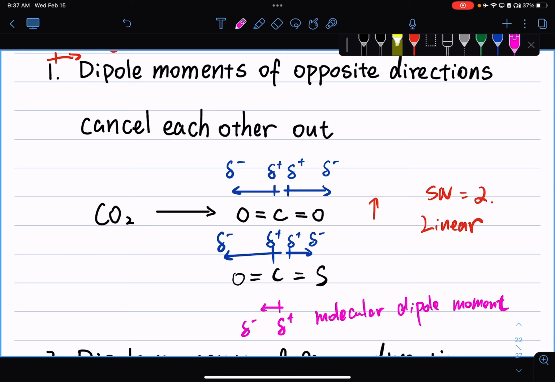All right, with me so far? There are different directions that cancel each other out, but at the same time, we're looking at the magnitude of that dipole moment. It can be partially canceled, and ends up as a smaller molecular dipole moment.